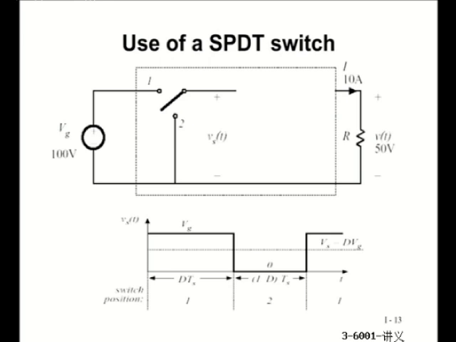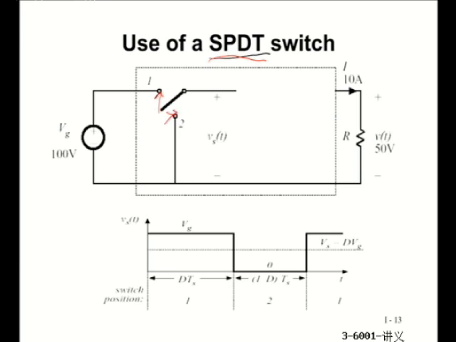This switch is called a single pole double throw switch. So this metal bar has two positions to put. It could be at position 1 or position 2.